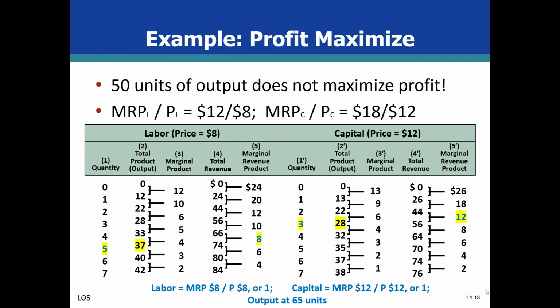And there is only one spot on this chart that does that, where the MRP of labor divided by the price of labor equals 1, and the MRP of capital divided by the price of capital at 12 equals 1. And that is when you produce an output of 65 units.